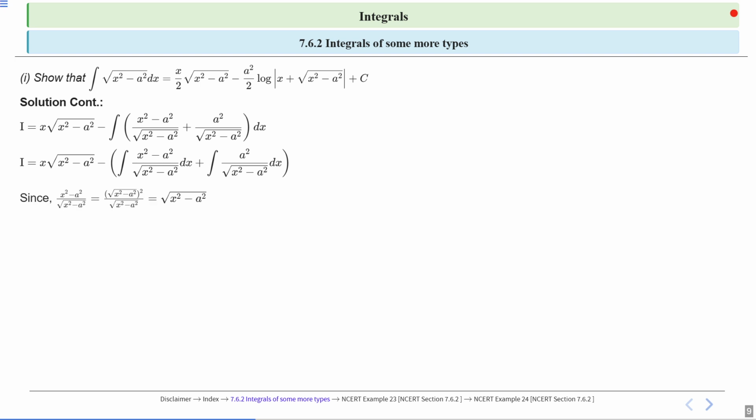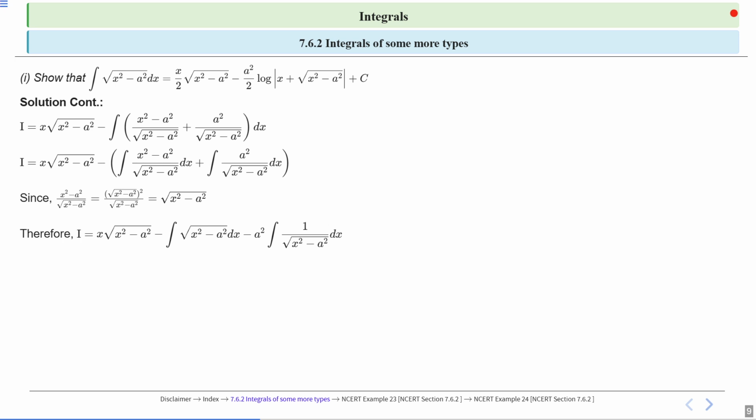We can write x² minus a² by root under x² minus a² as the square of root under x² minus a² by root under x² minus a², so we can cancel out and we get root under x² minus a². Therefore I is equal to x into root under x² minus a² minus the integration of root under x² minus a² dx minus a² times the integration of 1 by root under x² minus a² dx.